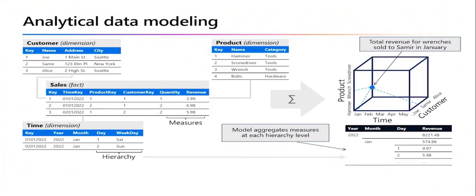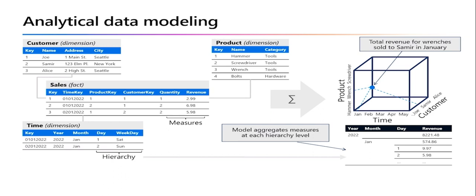Finally, in the time table, you can form a hierarchy of year, month, and day. The model can be built with pre-aggregated values for each level of hierarchy, enabling you to quickly change the scope of your analysis. For example, by viewing total sales by year and then drilling down to see a more detailed breakdown of total sales by month.